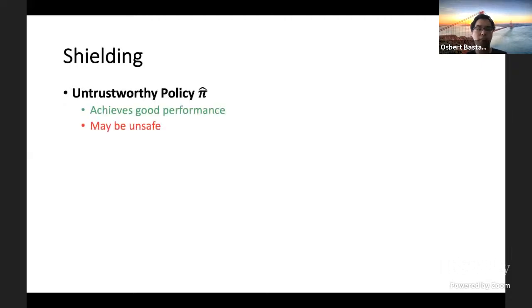So shielding has other names in the literature, but it's basically a general strategy where we're given an untrustworthy policy pi hat. Pi hat might achieve good performance, but it doesn't come with any safety guarantees.